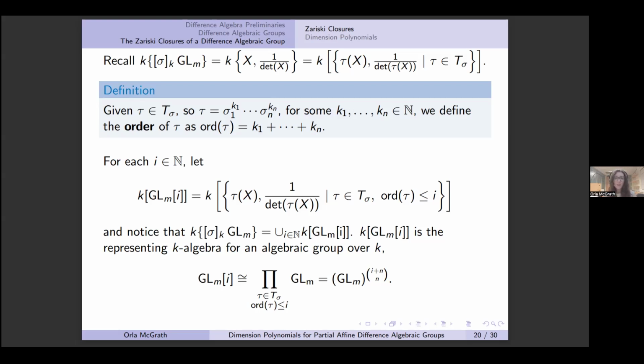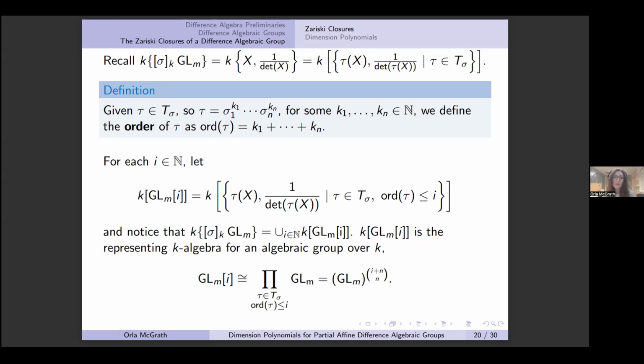So yeah, we have this rich structure on GLM now. We have the algebraic group. We have these growing copies of this algebraic group for every natural number. And then as we almost tend to infinity, not quite because we're now working in difference algebraic groups, we get this difference algebraic group from all of these algebraic groups.